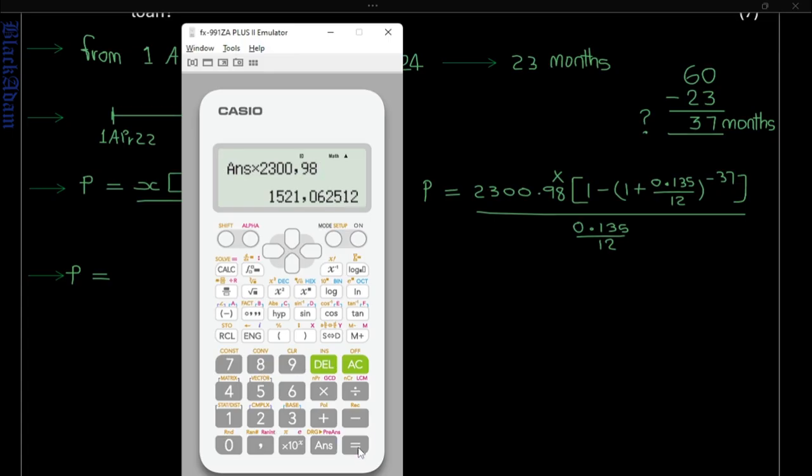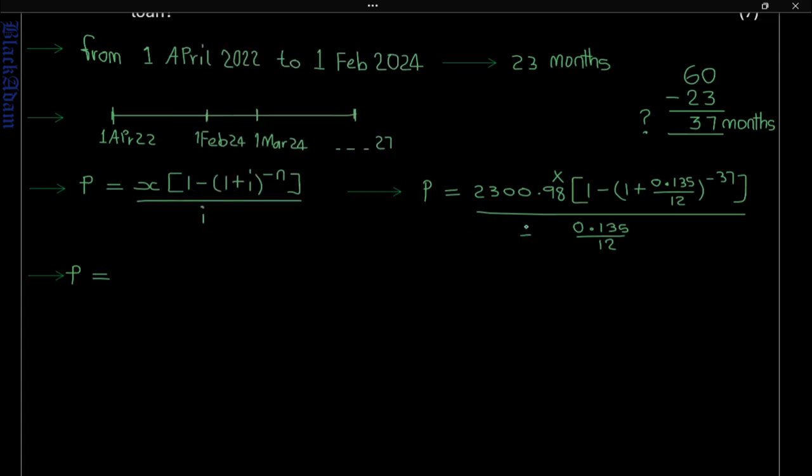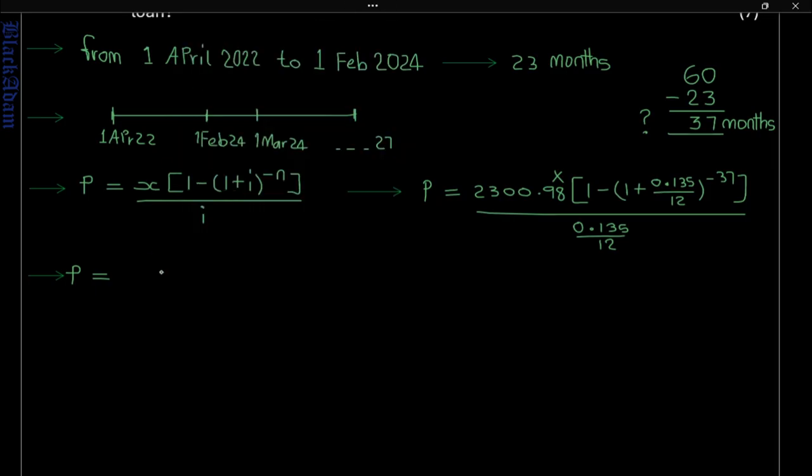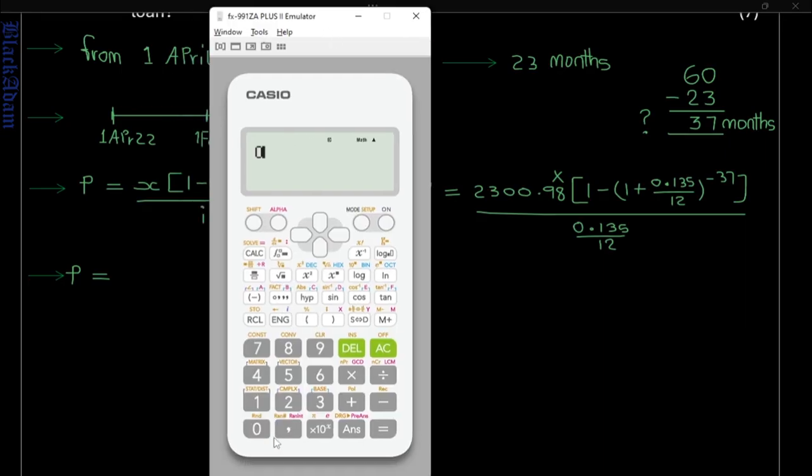Remember, it was supposed to be negative and then divide by that. We need to double check. Divide by 0.135 divided by 12. That gives us 135,000. No, something is wrong. You should double check if it makes sense. It does not, so there's an error there.